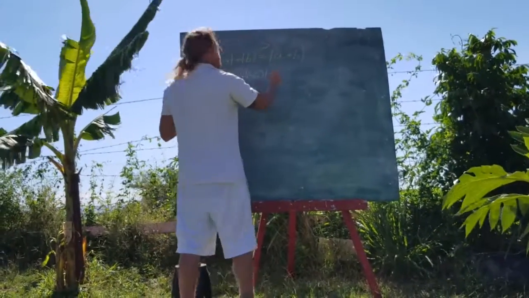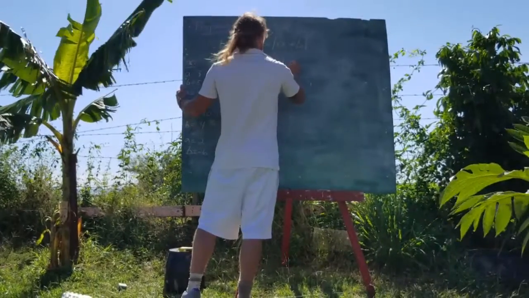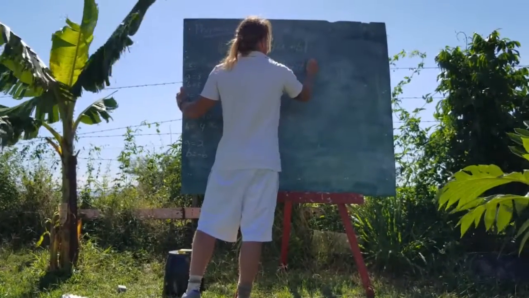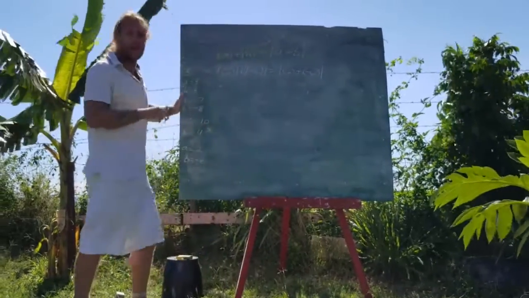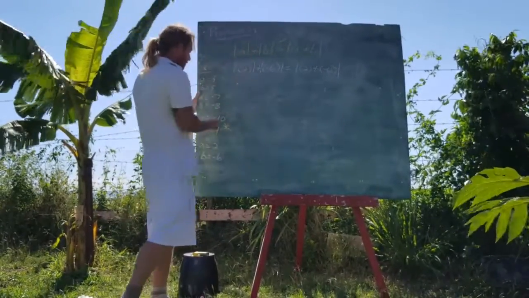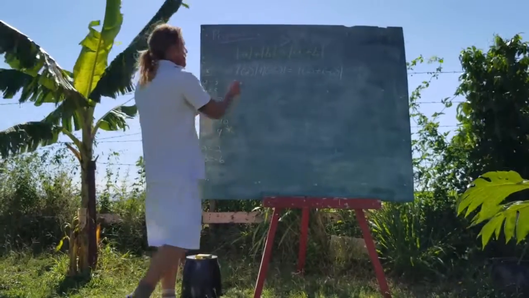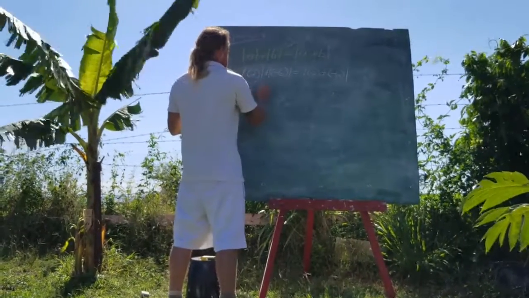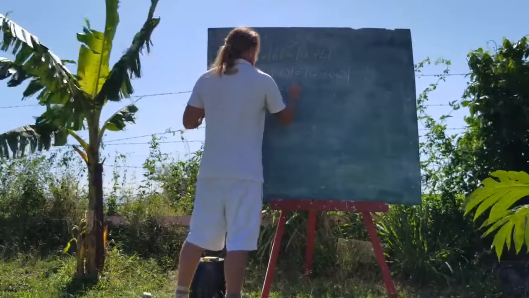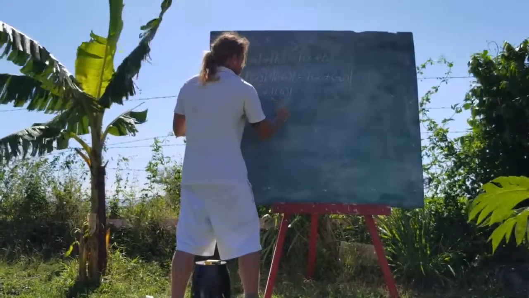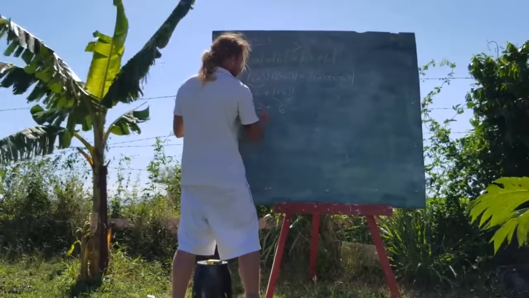Is that equal to the absolute value of 2 plus negative 6? Well, let's find out. Or are we going to have another surprise like we did with this example? The absolute value of 2 is 2 plus the absolute value of 6, which is 6. 2 plus 6 is 8.